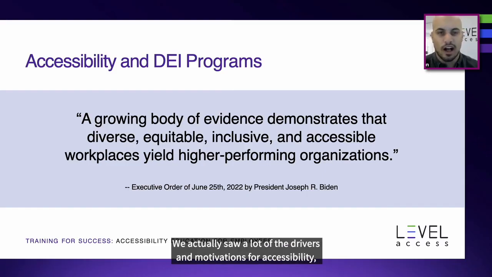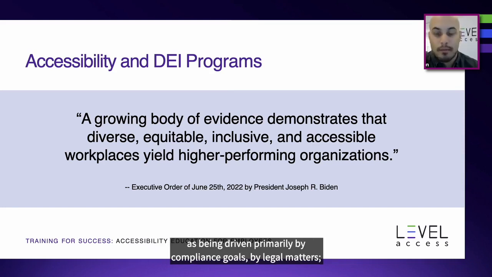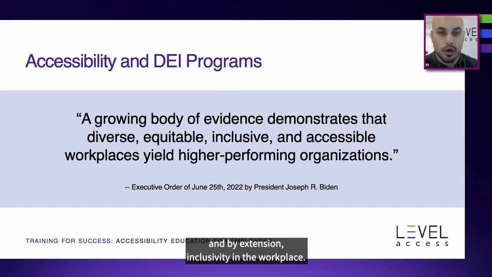We actually saw a lot of the drivers and motivations for accessibility, and especially training around accessibility, prior to the year 2020 as being driven primarily by compliance goals, by legal matters, which is an extremely valid reason to focus on accessibility and, by extension, inclusivity in the workplace. But since the year 2020, we've seen a pretty significant shift, and that shift is towards DEI more generally.